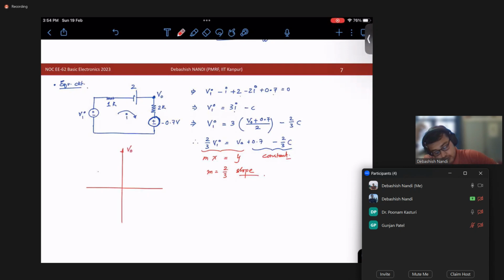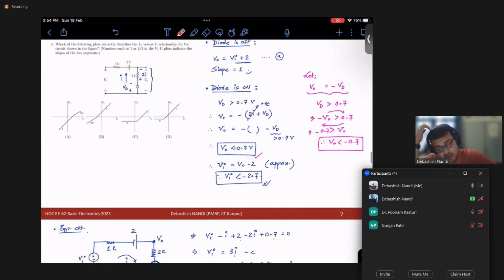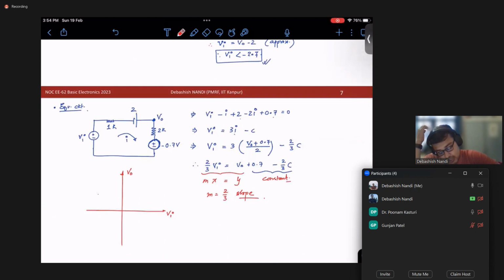V naught, V in. First we check the slope 1 for off, and when it is more than around minus 2.7, it is off; this way it is on.